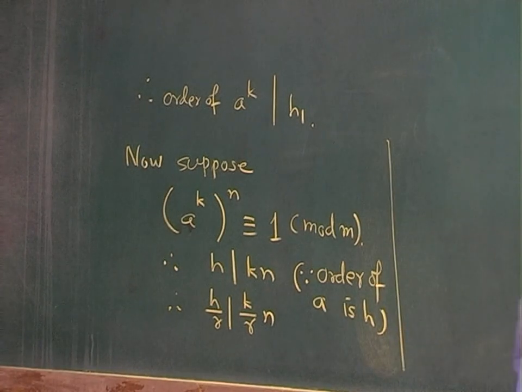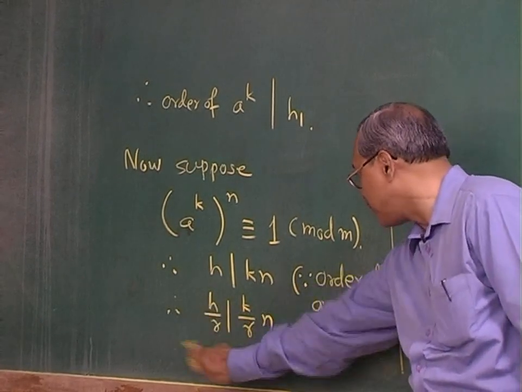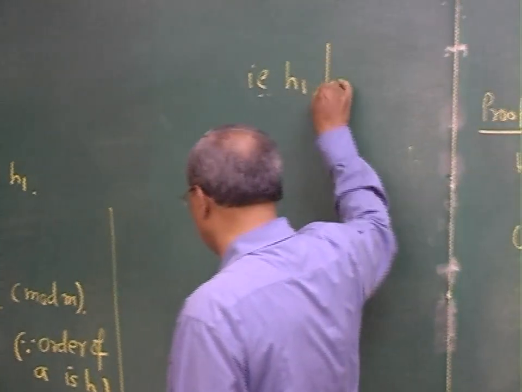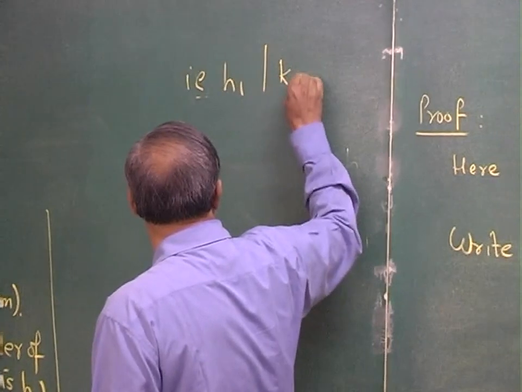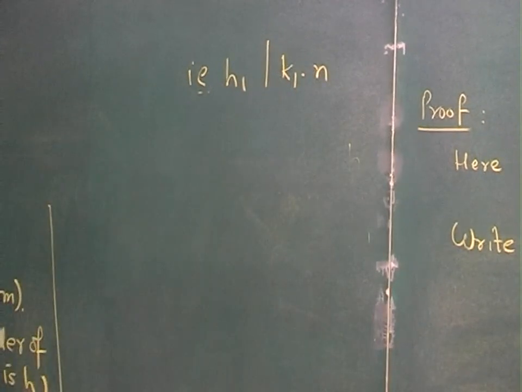Because r is the GCD of h and k, r divides both h and k. What is h by r? That is h1. So h1 divides k1 times n. What can we say about h1 and k1?